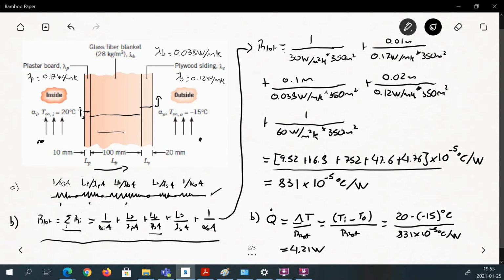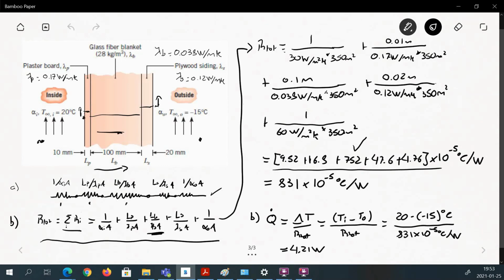From this set of values, the largest of this one, which means this expression here, corresponds with our glass fiber blanket, our middle layer in the wall.